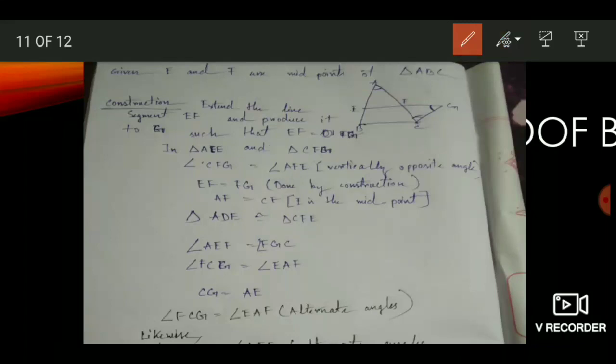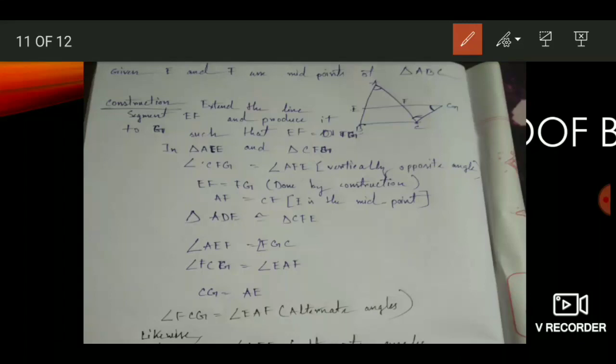Yes, we can say that, because these are the alternate interior angles, and we know that when a transversal is drawn through two parallel lines, only then the alternate interior angles are equal. So here we can see how congruency can be used in the midpoint theorem. Congruency is very important in mathematics.